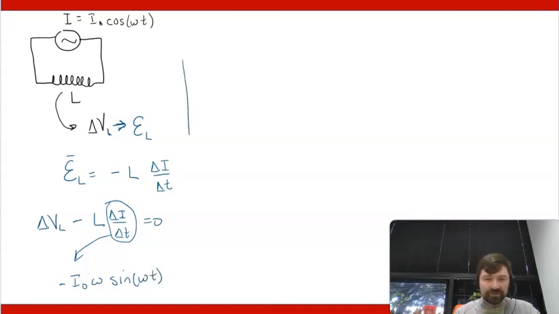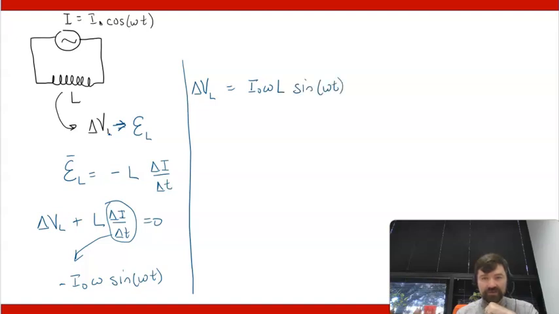And so if you were to solve, what you'd get is basically delta VL, adding this to both sides and all that, delta VL would basically look like I naught omega L sine omega t.